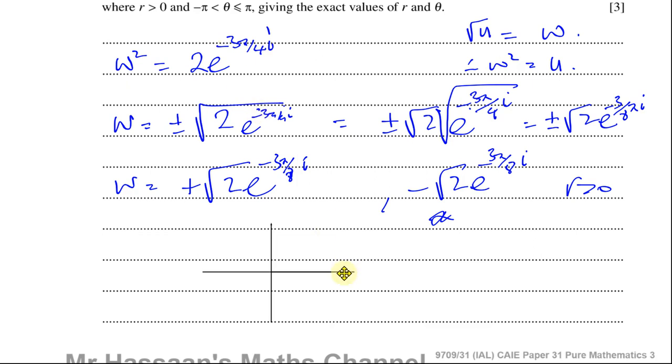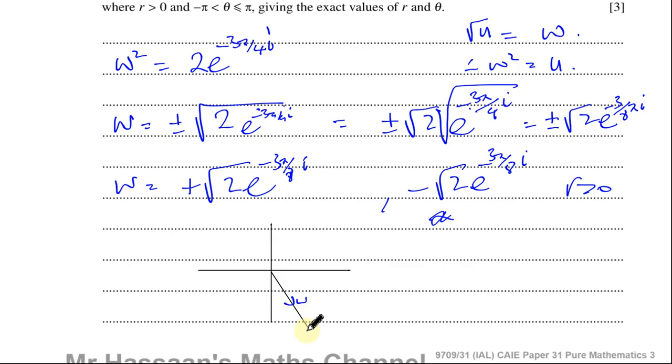It's going to be somewhere like this, less than half a pi. Okay, let's say that's z. Oh, that's one of the values of w.